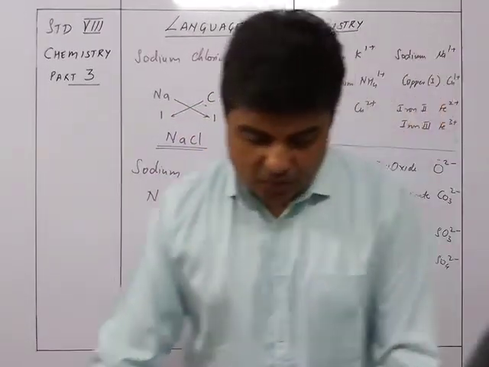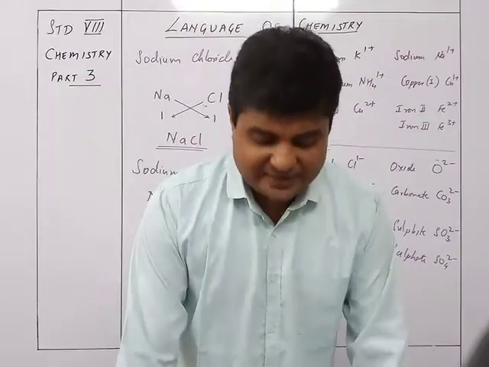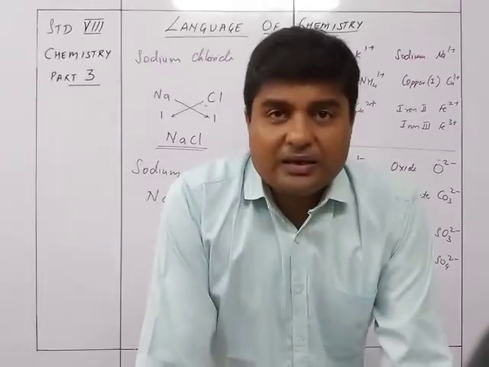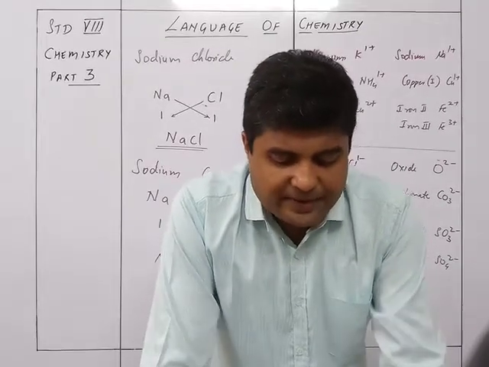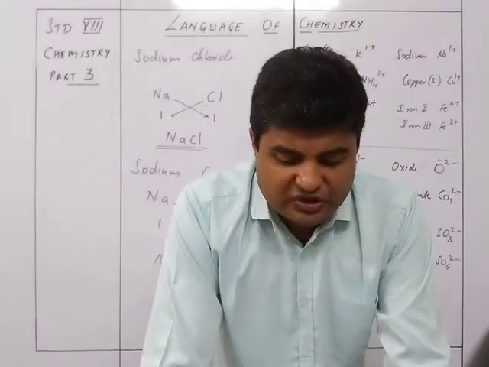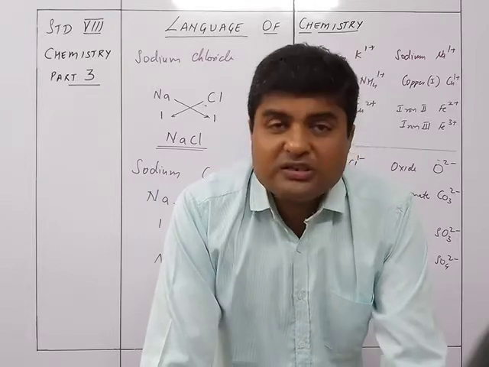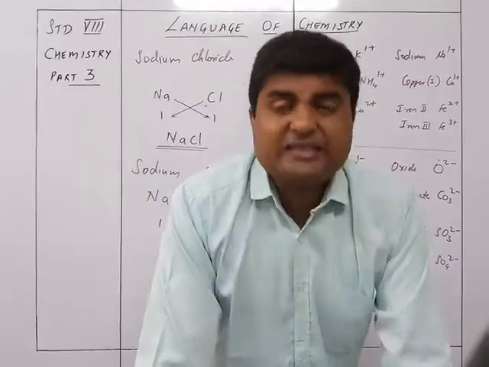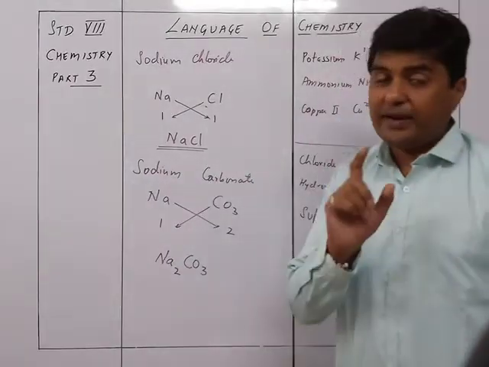Let's take another example over here. We'll first read this thing and then take some examples. Chemical formula is the representation of the substance by means of symbols. It denotes in a compound the number of atoms of each element present. That is very important.